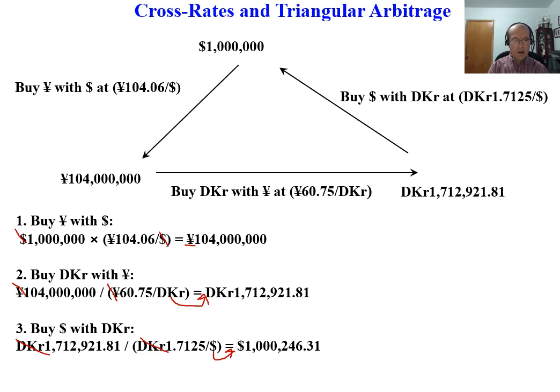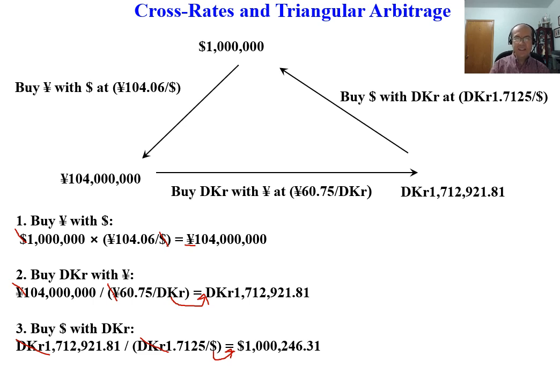As a result, 1,712,921 Danish krona will become $1,246.31.